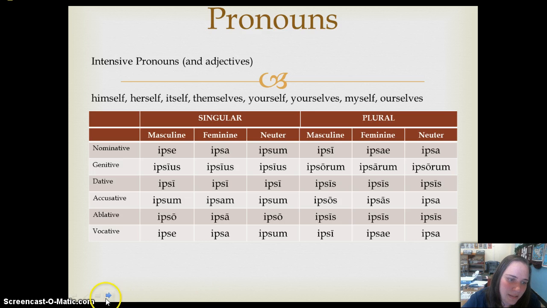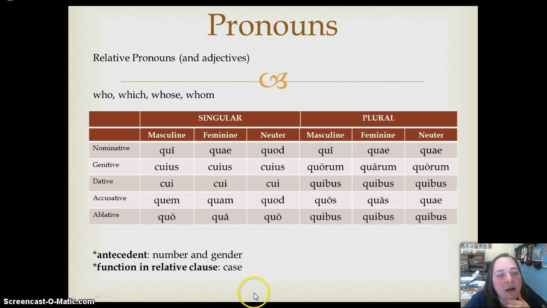The relative pronoun sets up relative clauses, okay? Qui, quae, quod, cuius, cuius, cuius, cui, cui, cui, and so on and so forth. Remember that you need the antecedent of the relative pronoun in order to get the number and the gender of the pronoun, but you get the case of the relative pronoun based on how it's functioning in the relative clause.